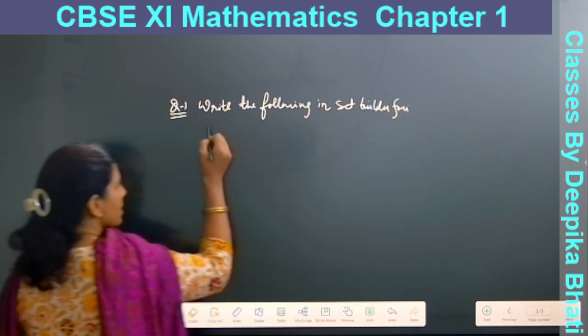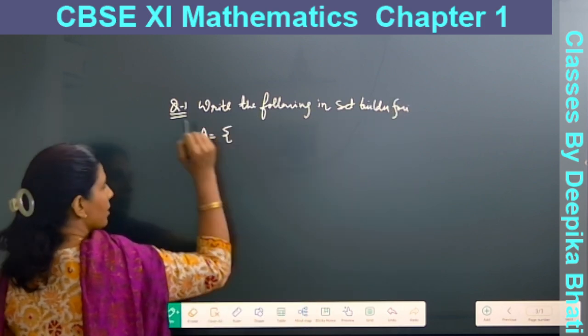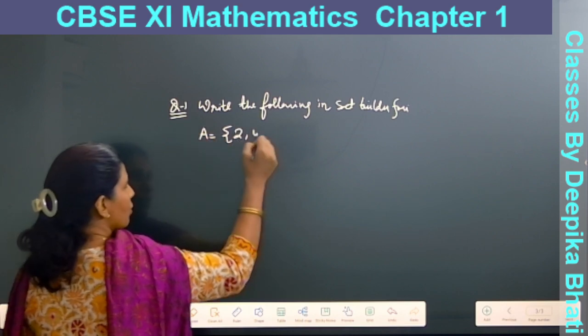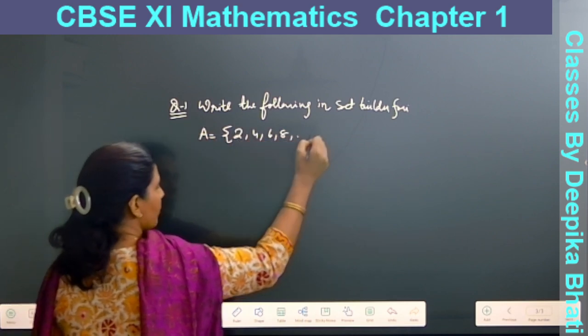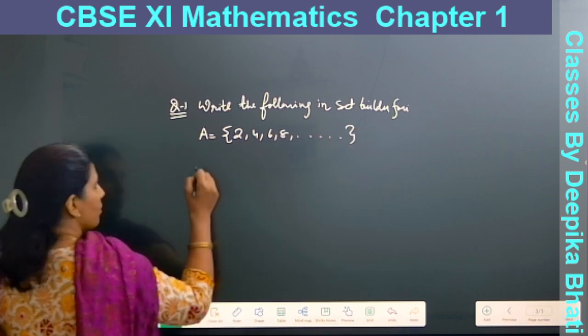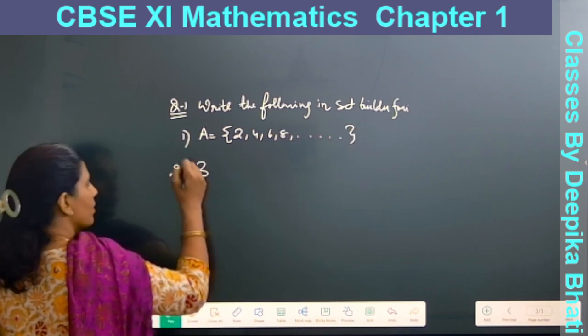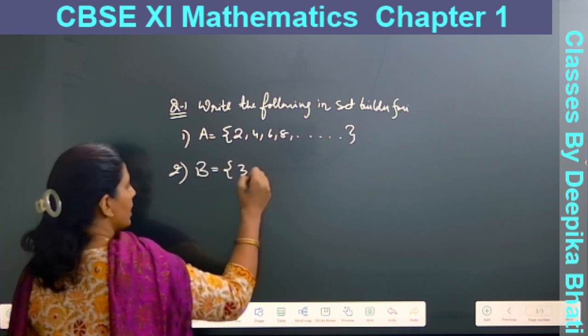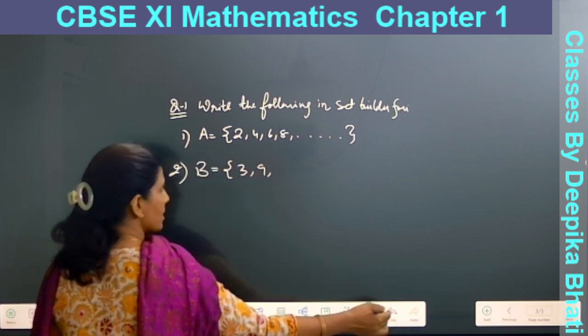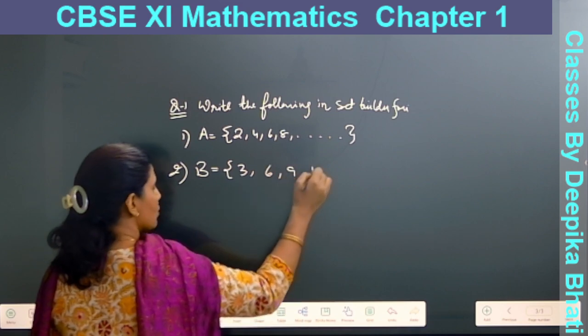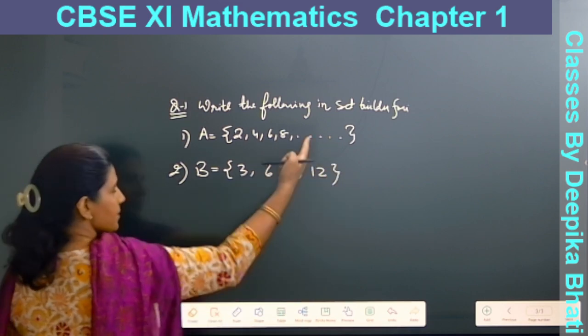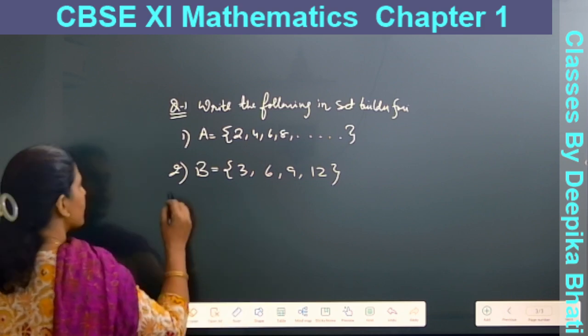So this is the first set: 2, 4, 6, 8, keep on moving. Set B: 3, 6, 9, 12. This is your infinite set, this is your finite set.